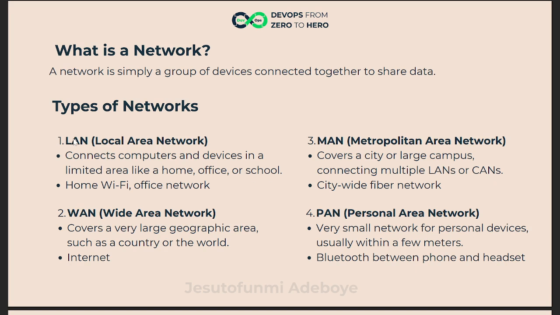For example, we have a citywide government area, connecting offices and data centers. Are you with me? That is why the government can have access to or control the internet. Using this, they have access to the internet, they have access to MAN as well.